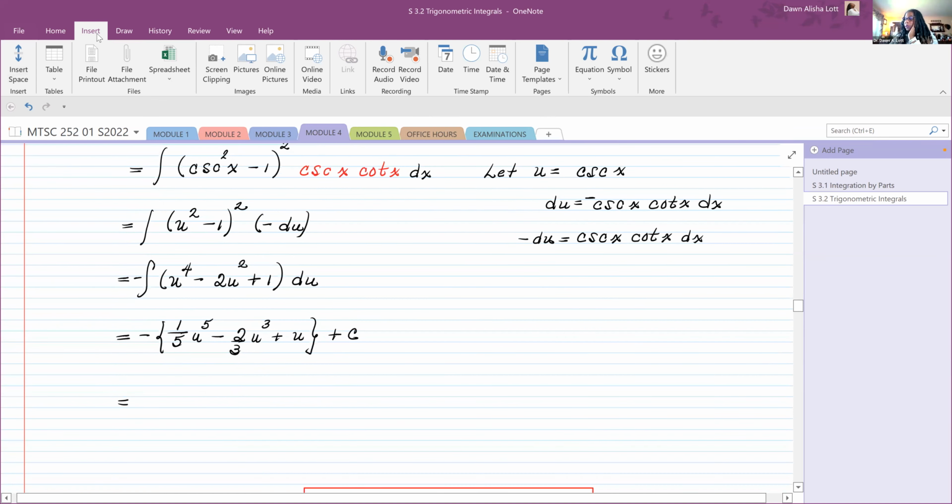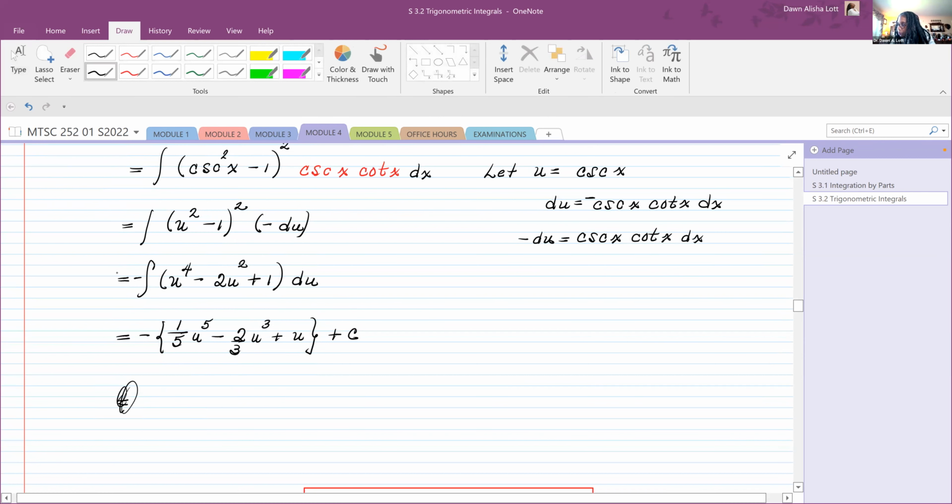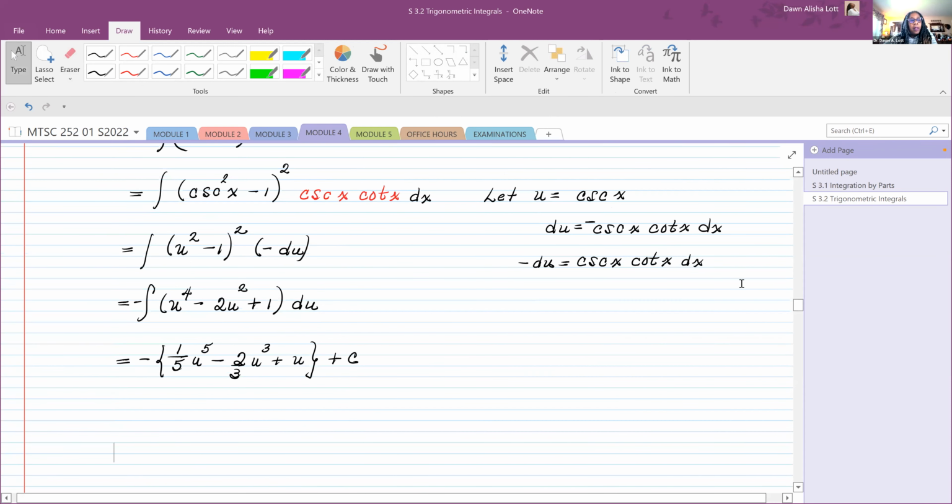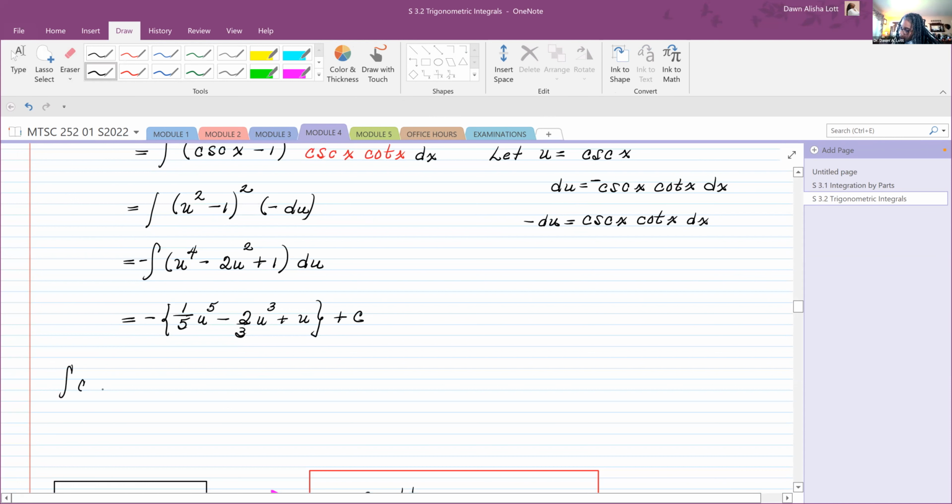Now I can get my answer. The integral of cotangent cubed of x times cosecant of x dx is negative 1 over 5 the cosecant to the fifth of x minus 2/3 the cosecant cubed of x plus the cosecant of x plus a constant.